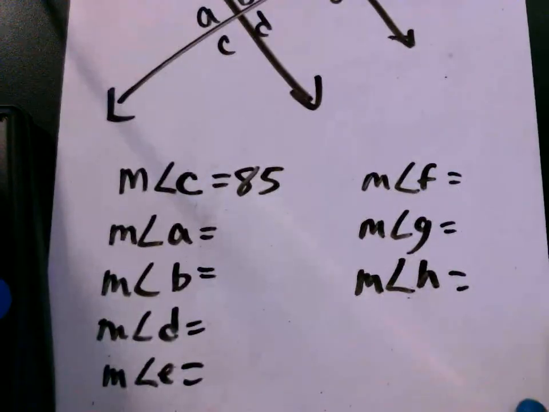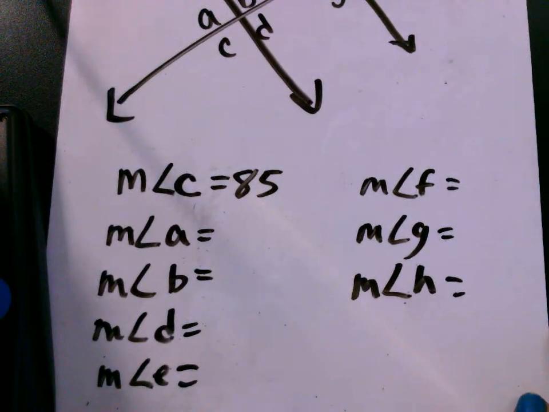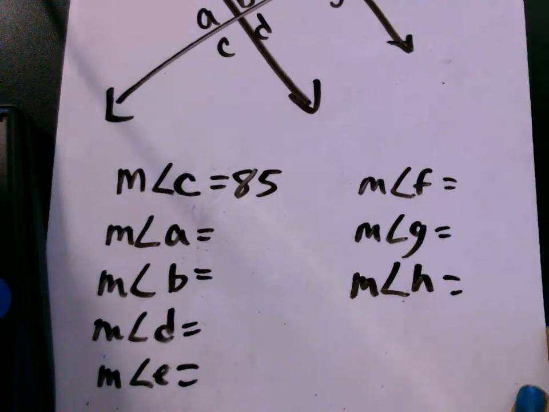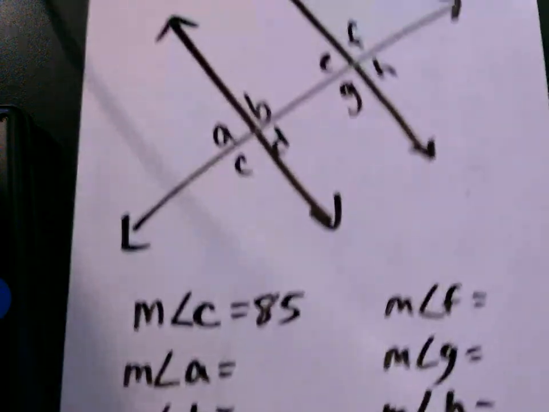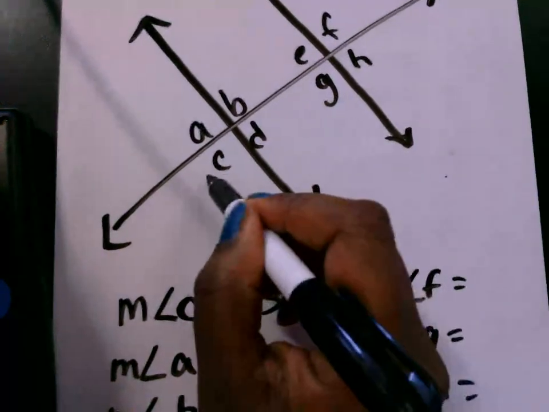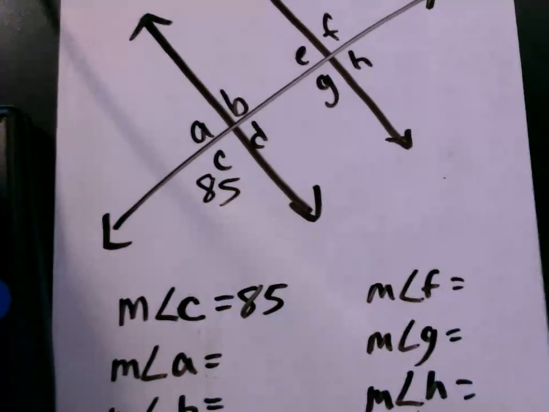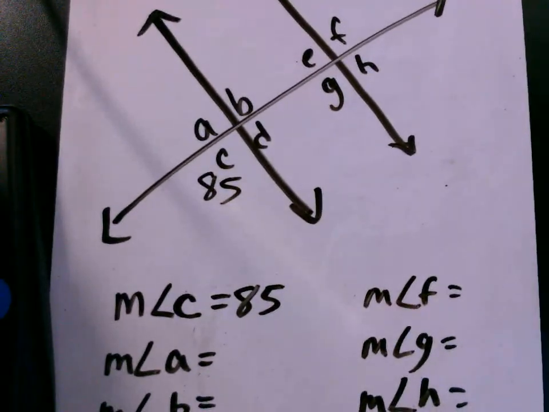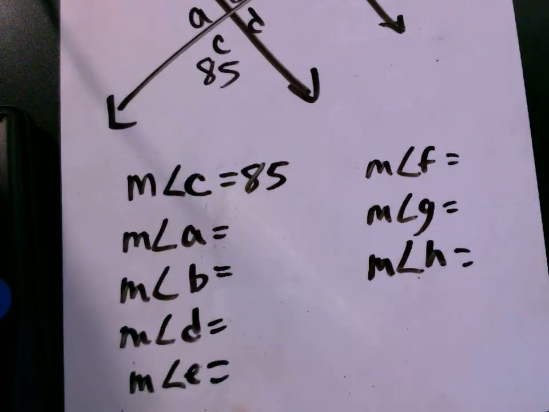All right, so C is 85. Okay. Oh, wait. Other people are thinking. I'm paused for the calls. I'm sorry. Give other people a chance to think. Be ready.